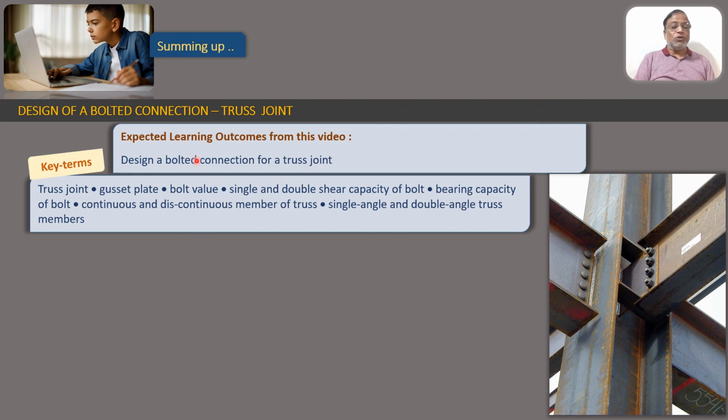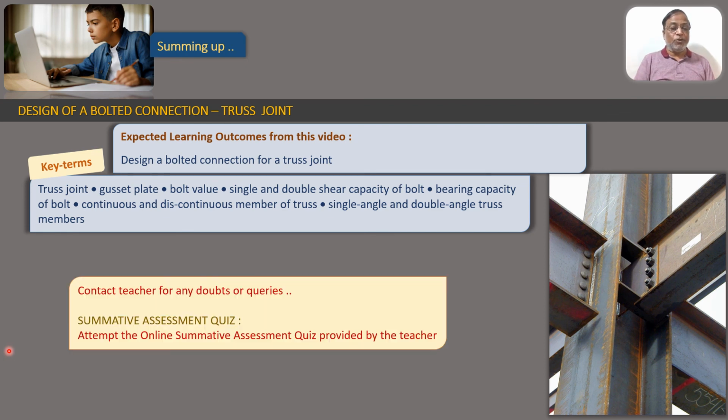Now we use some key terms also which are again repeated here. It is expected that you have understood these key terms as well as you have attained the learning outcome from this video. If you have any doubts or queries, you have to contact your teacher.